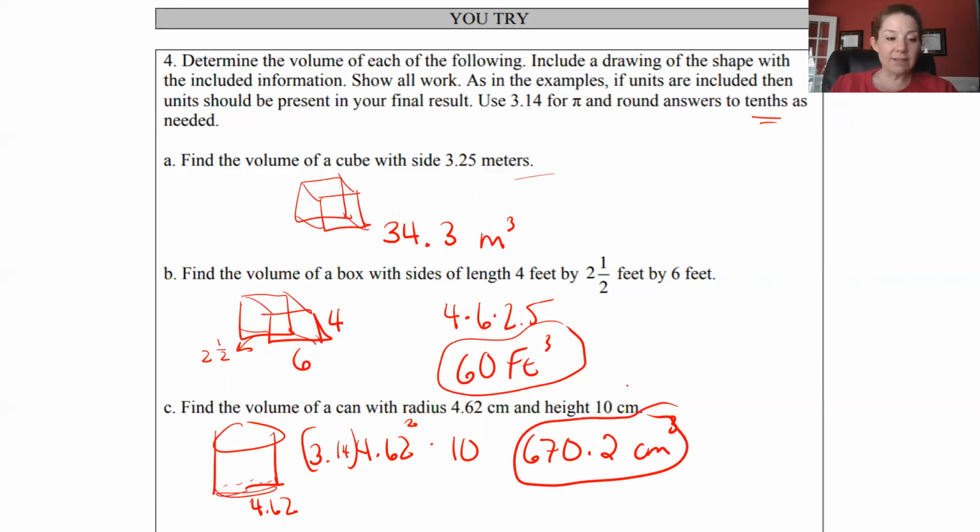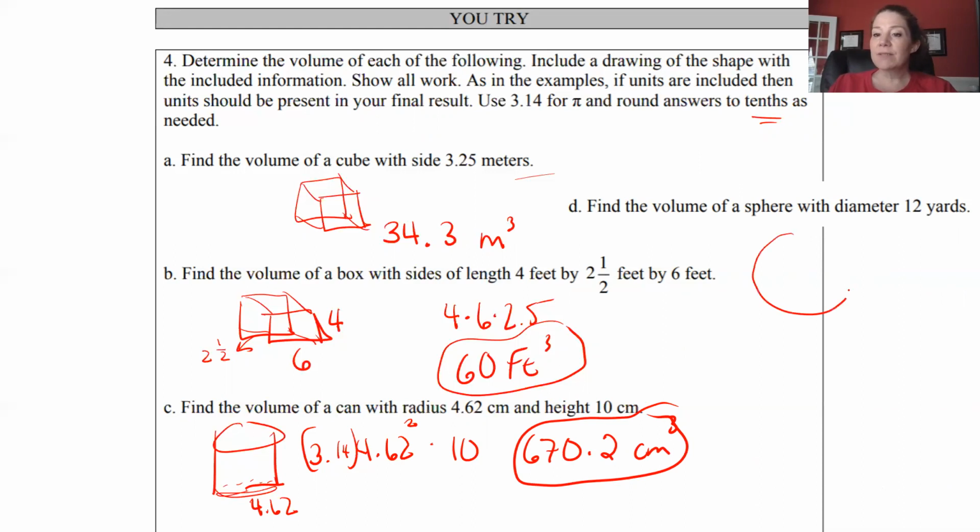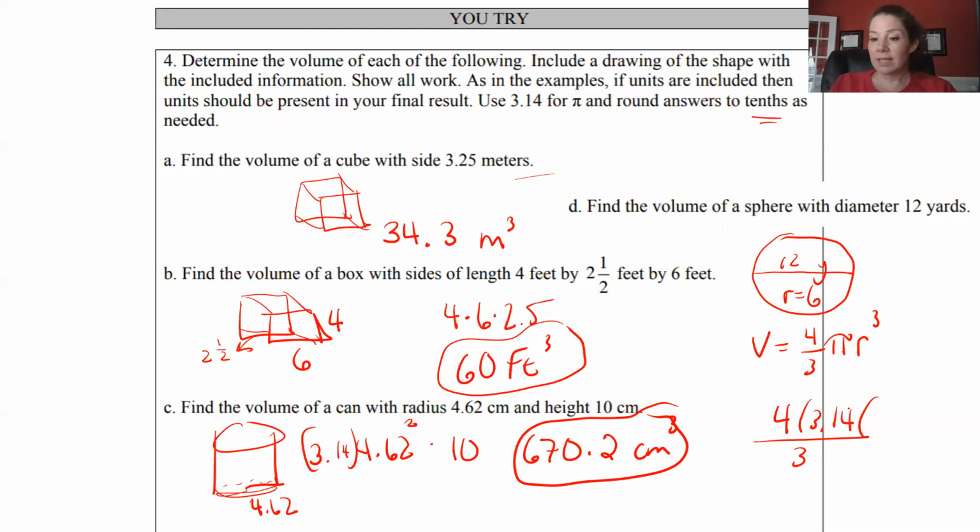And then finally, the third one, or excuse me, letter D, it says find the volume of a sphere. So a sphere is 3-dimensional, but this time the diameter is 12 yards. So what would be the radius? The radius is 6. So the volume of a sphere is 4/3 times pi r cubed. So we're going to do 4 times 3.14 times 6 cubed.